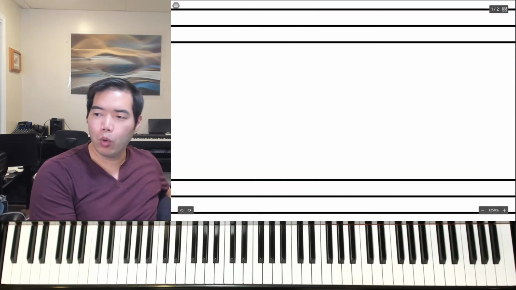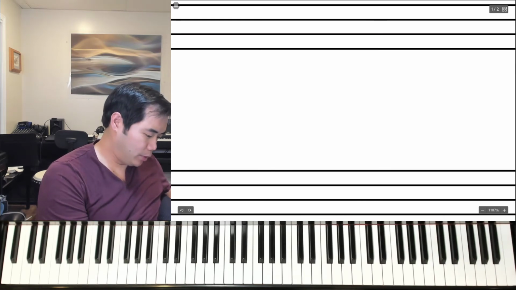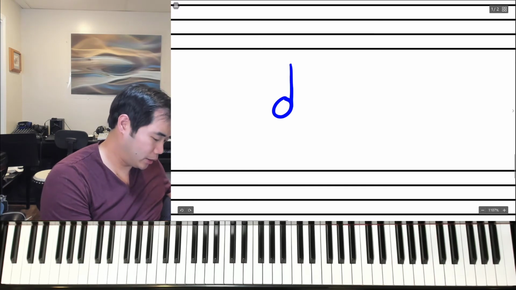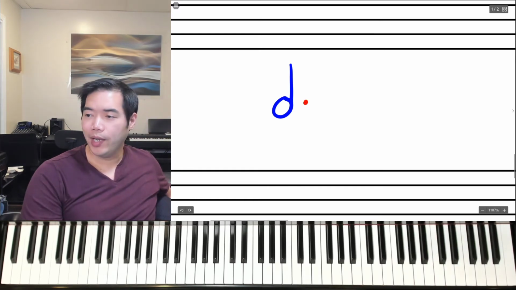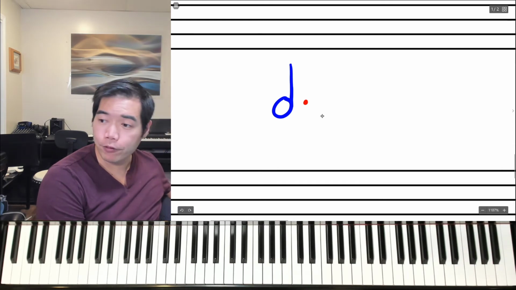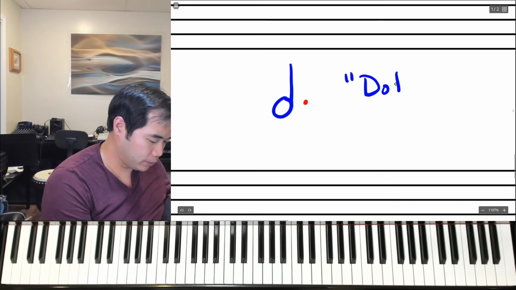And we have one more thing to learn in this video. Sometimes music notes have a dot after them. A dot. Sometimes they might be a half note with a dot, which is known as a dotted half note.